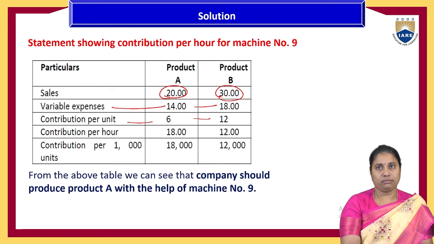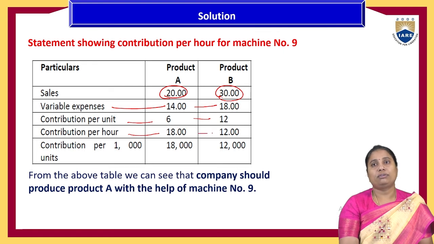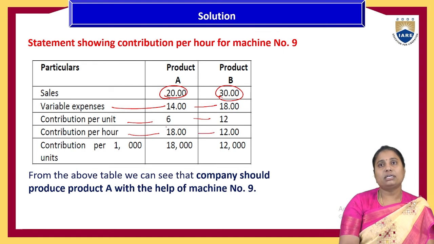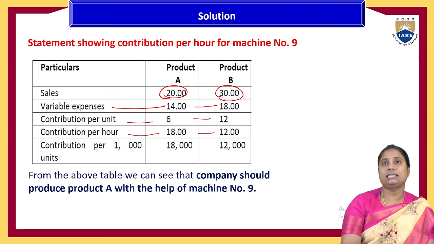Contribution per hour is 18 and 12, because in 1 hour, machine number 9 is producing 3 articles of product A, whereas it is going to produce 1 article of product B.